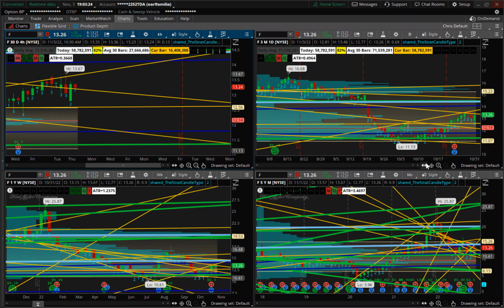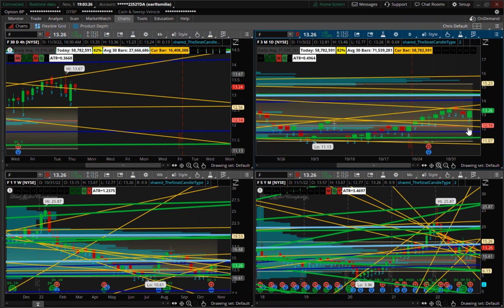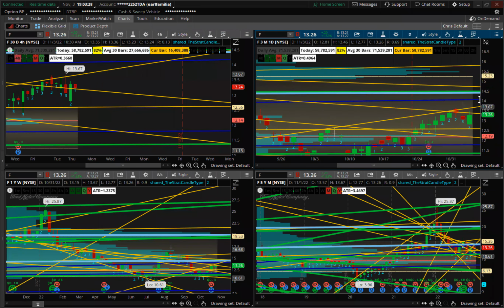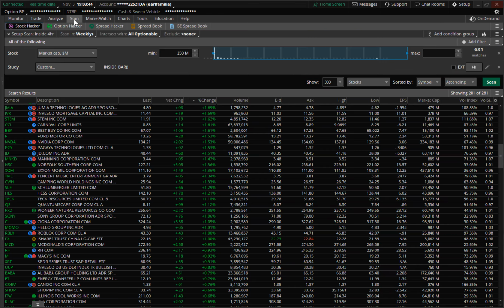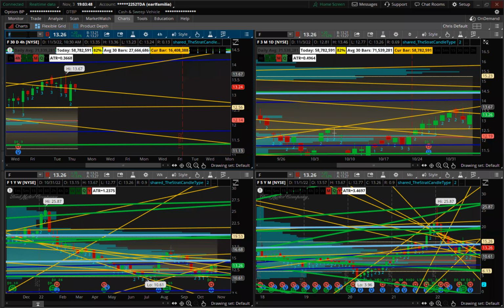So Ford, we still have a potential 3-2-2 on the day. If you want to trade that back into the broadening formations, I typically do not. It looks like it's been respecting the hell out of this broadening formation as well. So I think I'm gonna leave that alone. Let it do what it do. Sometimes you gotta use some common sense. It could be the time that it breaks through, but every other time it has not.